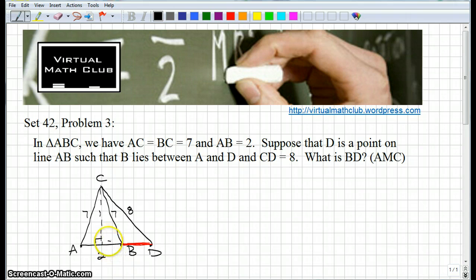So this is going to be a length of 1, and this is going to be a length of 1, because of all that symmetry. I like working with right triangles because I can use the Pythagorean theorem, and now I have a right triangle here.